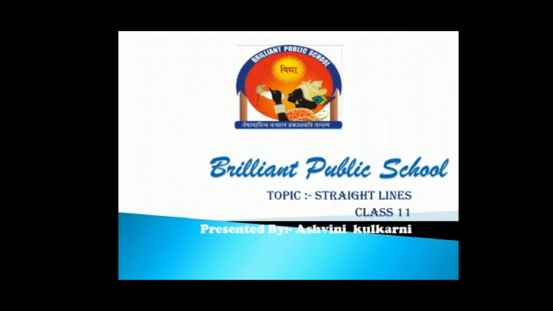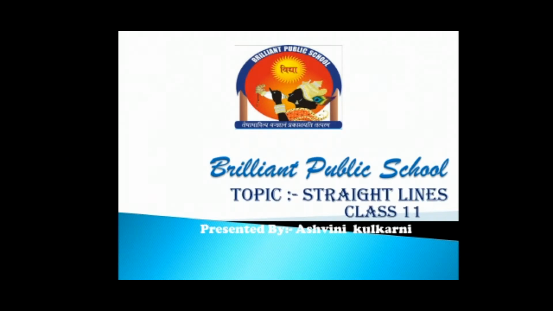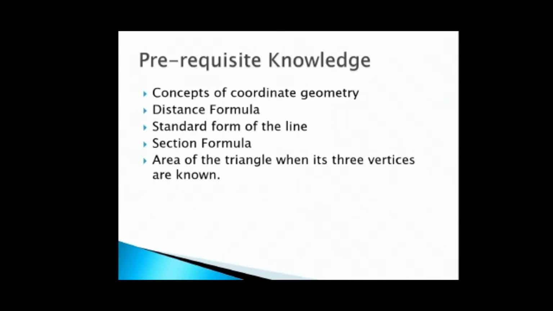The topic for today's discussion is Concepts of Straight Lines for class 11th. Let us see what is the prerequisite knowledge required for this topic. In your previous class, you have studied concepts of coordinate geometry, distance formula, standard form of the line, section formula, and area of triangle when its three vertices are known.